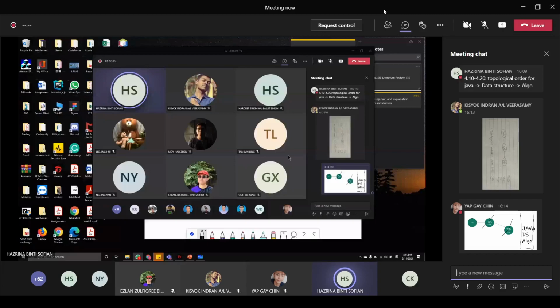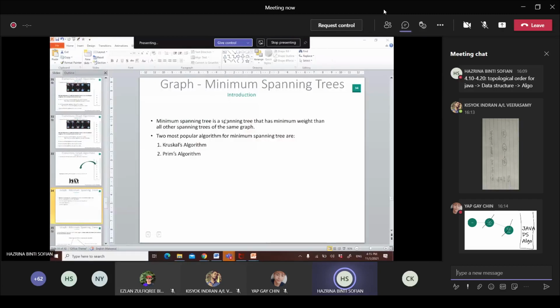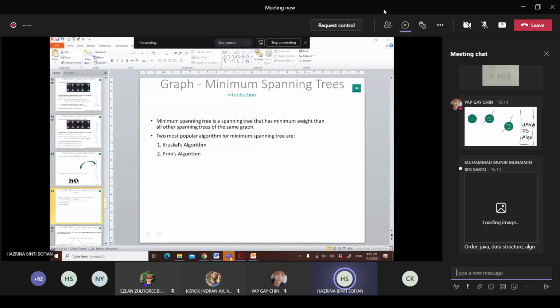Okay, lastly, we will learn about the minimum spanning tree. All right, so thank you, Kishore, Yap, and Munir for submitting your answer. On graph, we will also be learning about the minimum spanning tree.